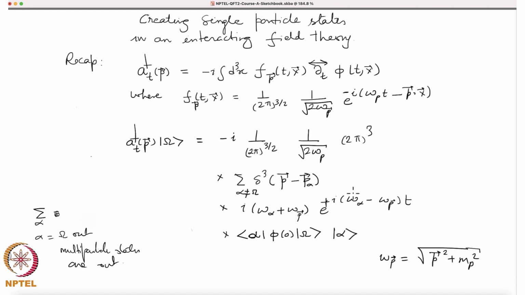But now, because omega alpha refers to a single particle state with momentum p, the energy of omega alpha will be the same as omega p, because the momentum of alpha is the same as p. So this exponential provides you a factor of 1, because e to the 0 is 1. So there is no damping, and you get contribution only from the single particle states if you take t to be minus t1 minus i epsilon.